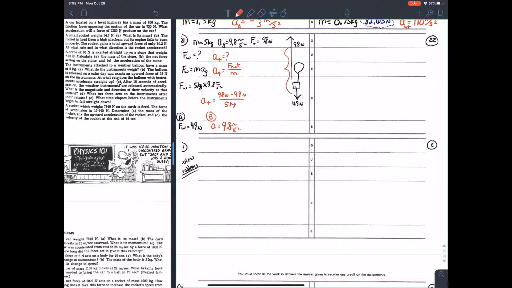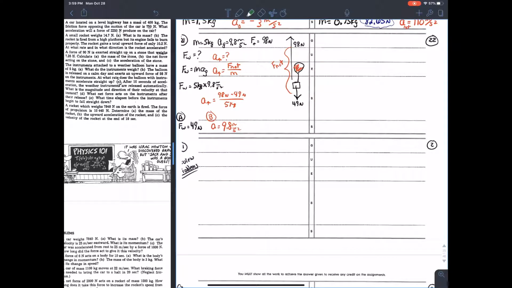Now that is a positive value because the weather balloon is pulling upwards on that package. But notice it's not accelerating upwards with that full force of 98 newtons because you have the 49 pulling back on it.